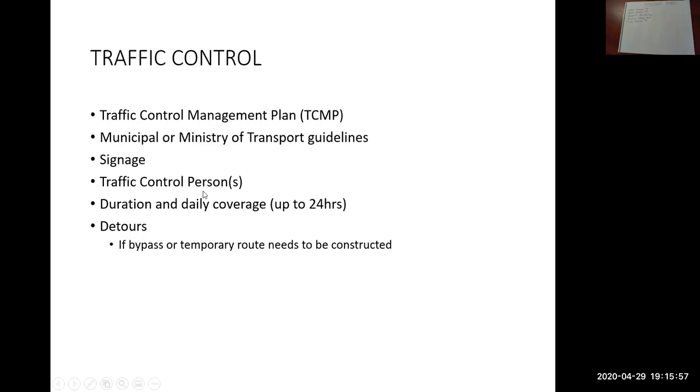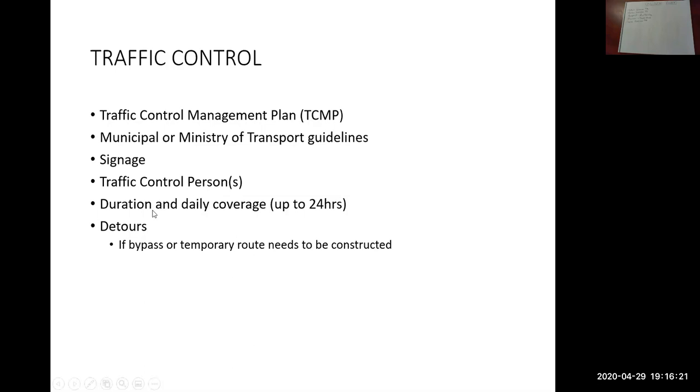It tells you where to put TCPs or traffic control personnel. Things like if you're controlling an intersection, depending on the size of the intersection, you may need more than 1 TCP. You may need 4 traffic control personnel, depending on the size of the intersection.